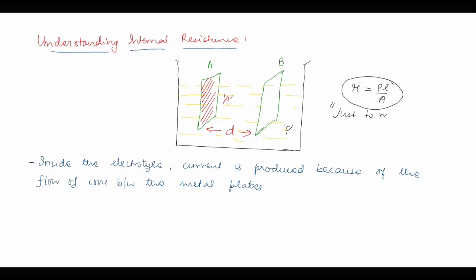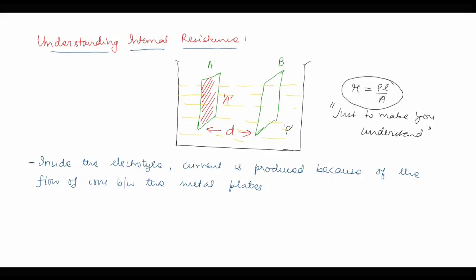So all these parameters are going to generate an internal resistance inside this medium. So internal resistance depends upon the cross sectional area of the metal plates or the electrodes, the separation between the electrodes, and the nature of the electrolyte medium. So this generates an internal resistance inside the battery.